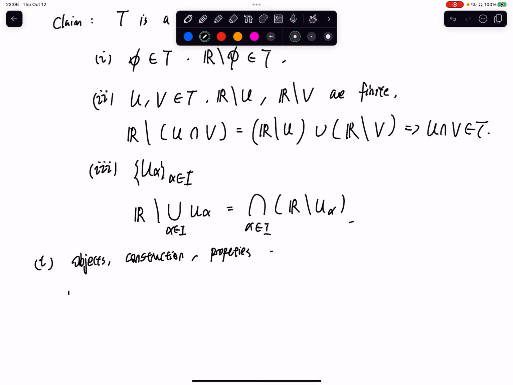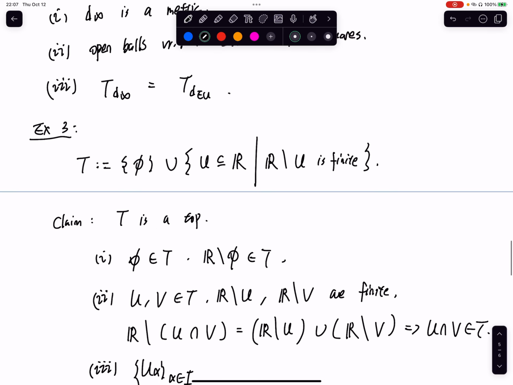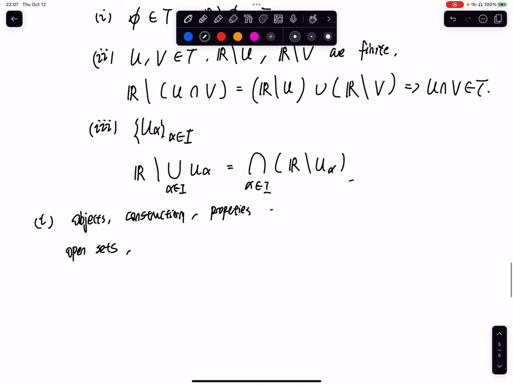So objects are open sets, since we are defining the topology by open sets. Now our construction. In fact, we haven't encountered any construction yet, except perhaps example 3. For properties, let me regard the definition of topology by open sets as a property, and in some literature they are called the axioms of topology.